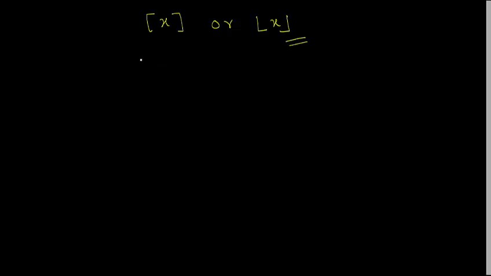What is the basic definition of the greatest integer function? The definition says the greatest integer function will always give you an integer as output. Let's take an example. Suppose I substitute 1.5, what should be its output? There are two possibilities: you can get 2, or you can get 1.